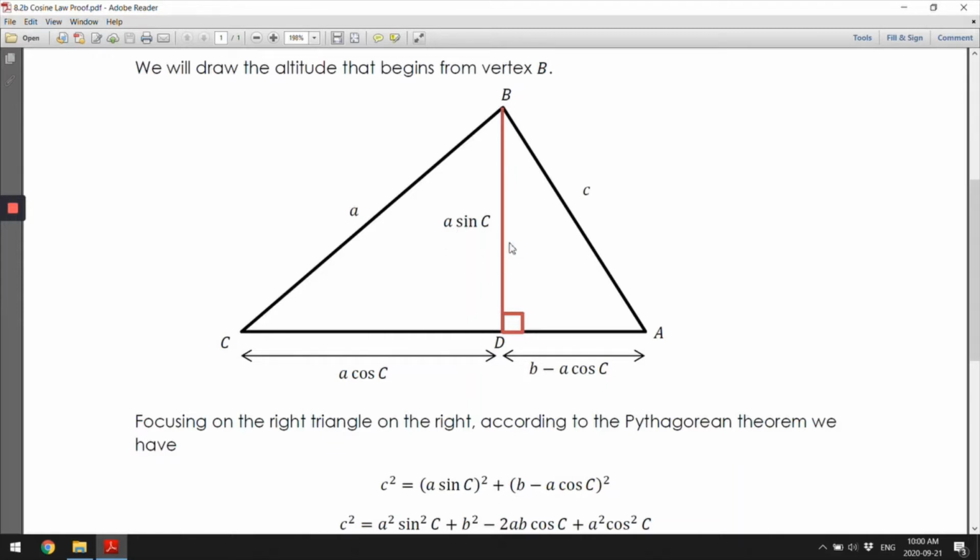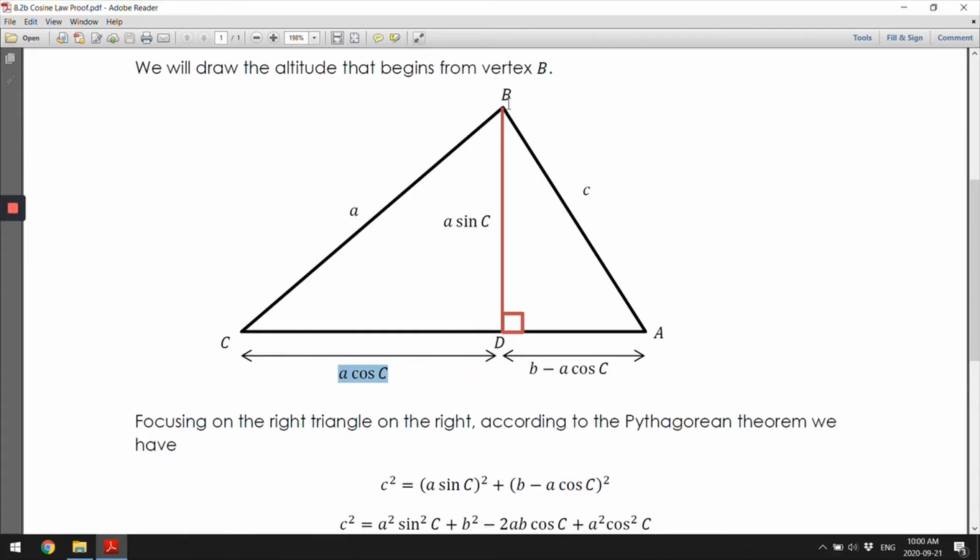So if you rearrange that relationship, you get that the length of the altitude from vertex B is A sine C. And if you use the cosine ratio instead, you will get that CD is equal to A cos C.